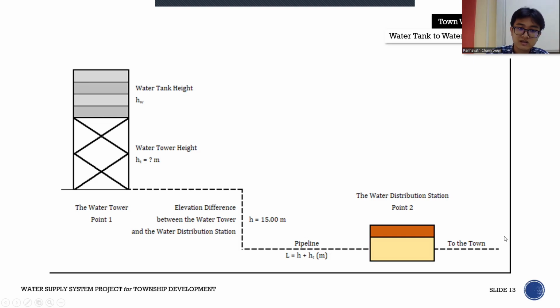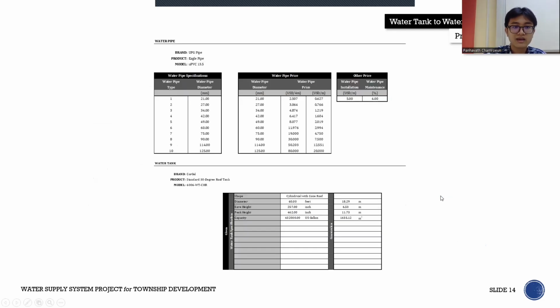As you can see from this image, we will need to determine the height of the water tower, the height of the water tank, the shape and sizes, and also the pipe that will need to be connected from the tank to the water distribution station. These are the factors that we need to consider, and here are some of the products that we decided to choose for our determinants.